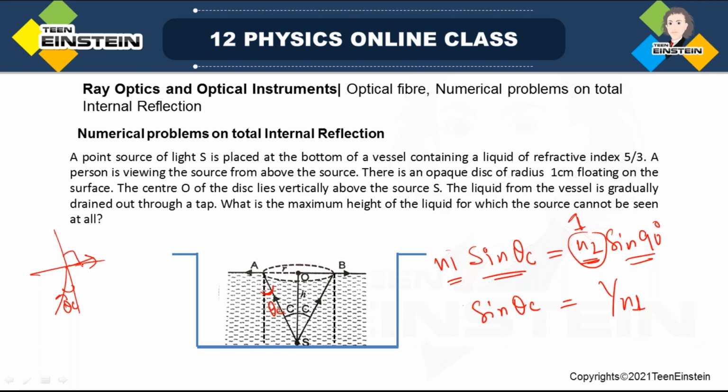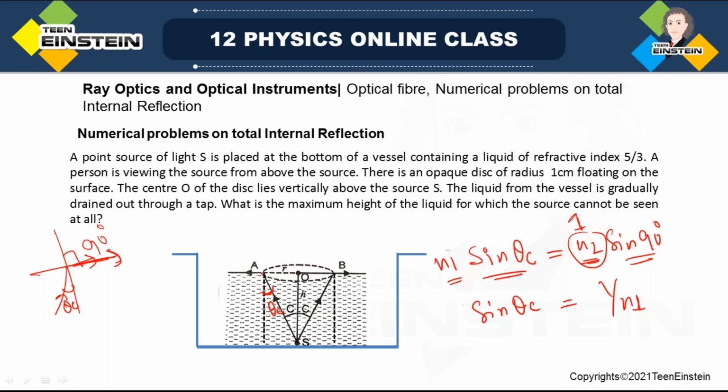The angle of refraction will be 90 degrees, so it will be grazing the interface itself. So if the light rays coming from the source meet the interface at an angle of incidence exactly equal to theta c, then the light ray will be grazing.